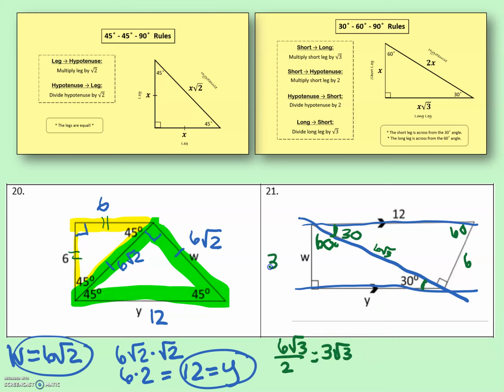So our W is going to be 3 root 3. And I'll label that here for you. Okay? But now we have to get this long leg here to solve for y. From short leg to long leg, it says we multiply by root 3. So 3 root 3 times root 3 is just 3 times 3, which is 9, and that's our value for y.